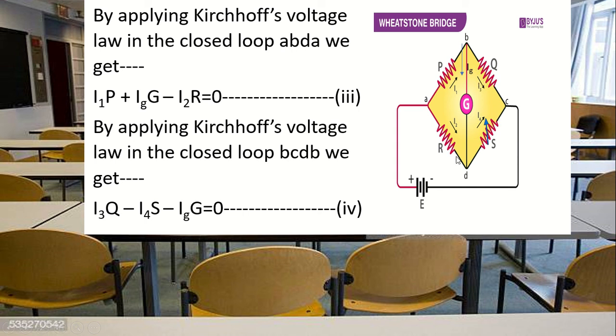I3Q minus I4S, because I4 is in this direction but we are going the other direction, so it will be minus. And here also opposite, IG is in this direction but we are moving in the opposite direction, so it will also be negative. So I3Q minus I4S minus IGG equal to 0. Equation 4.